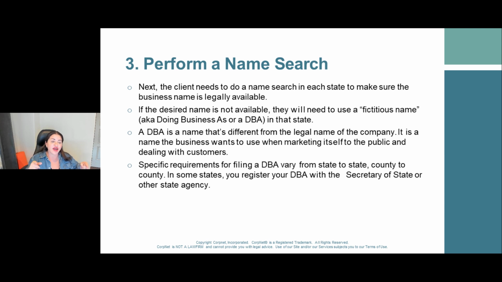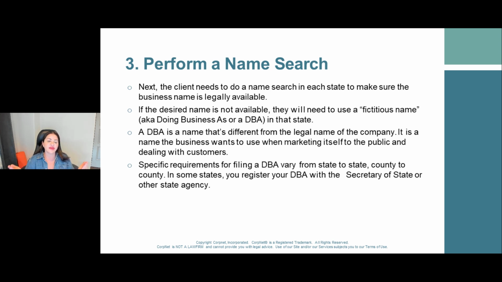Now, keep in mind, when you're using a DBA, it's really because that company doesn't want to do any variation of its legal name, and they want to stick to the exact name that the company has in its home state. So a DBA name is a name that's different from the legal name of the company.